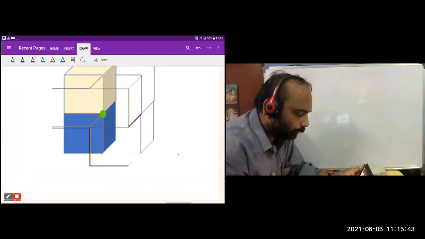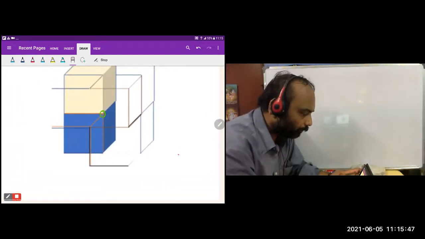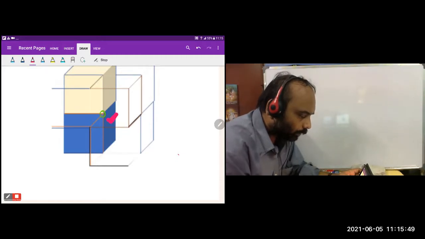Now you see, this is my actual one, and this is one of the corner atoms.